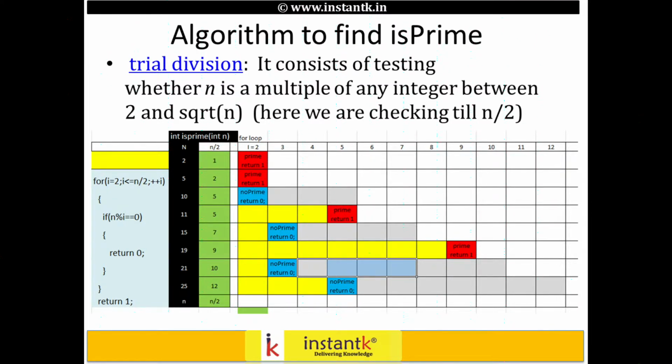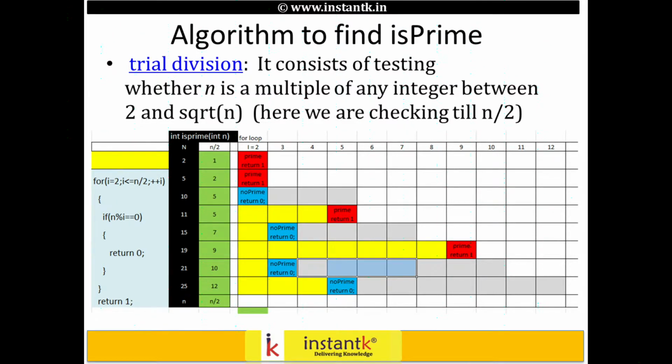There are many of them, but the simplest one that all colleges use is trial division. It consists of testing whether integer n is a multiple of any other integer between 2 and the square root of n.